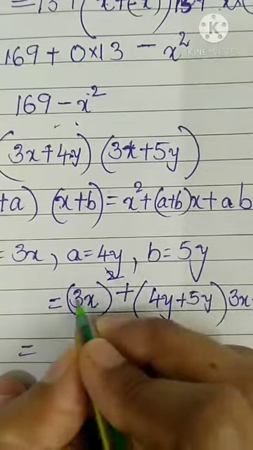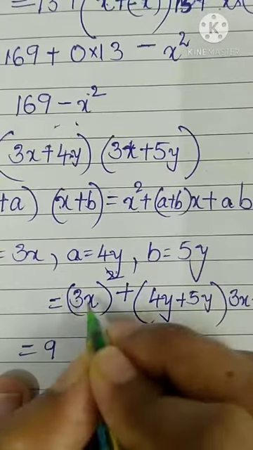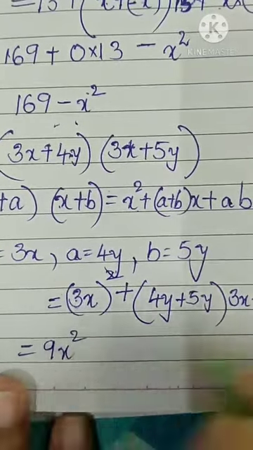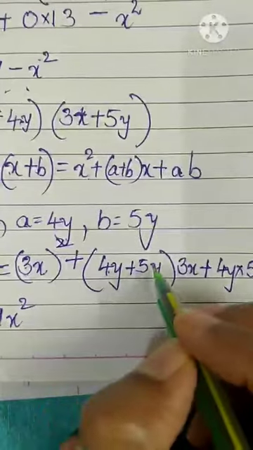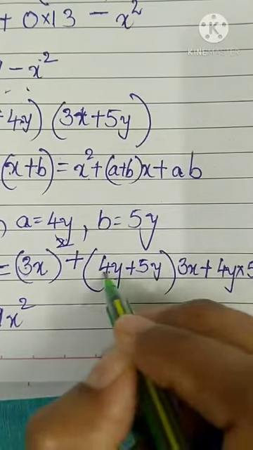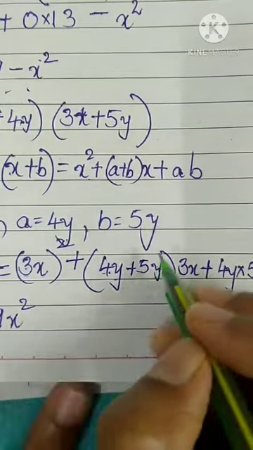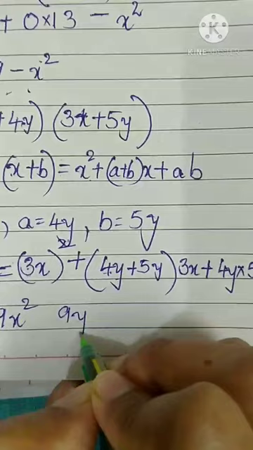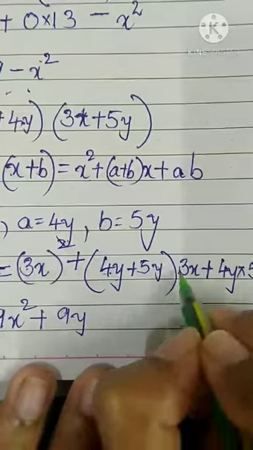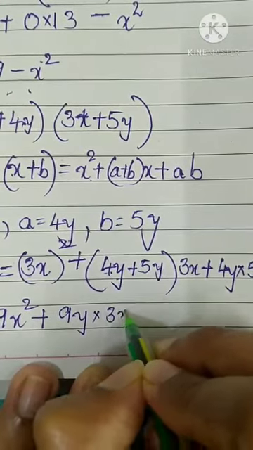Now 3 square is 9, x square is x square. 4y plus 5y, both are like terms. 4y plus 5y will be 9y into 3x.